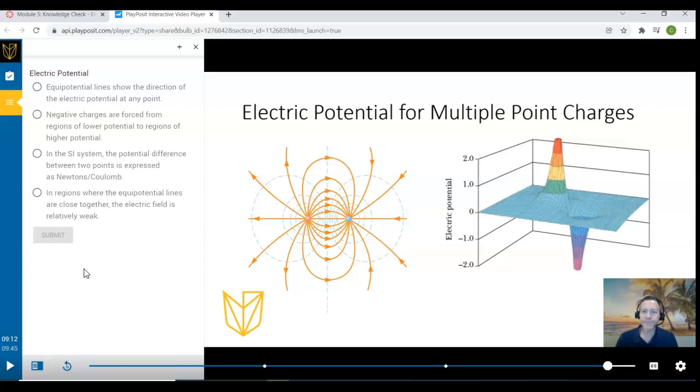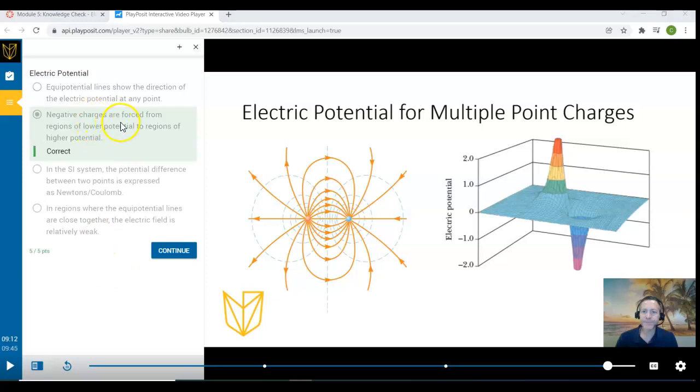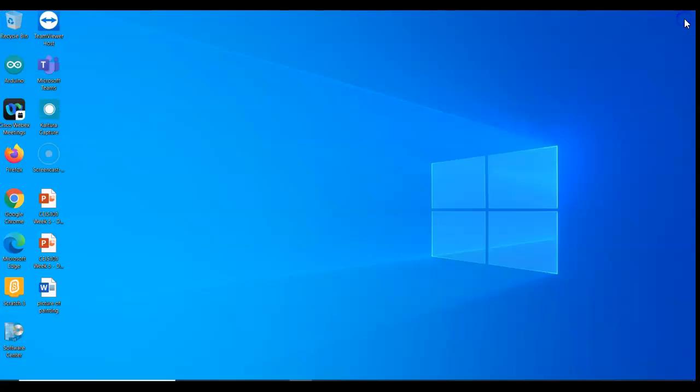In regions where the equipotential lines are close together, the electric field is relatively weak. Okay, so negative charges are forced from regions of lower potential to regions of higher potential.